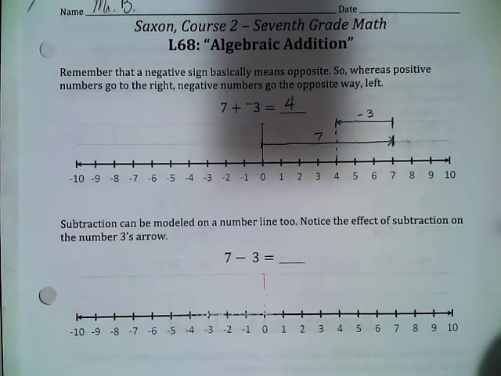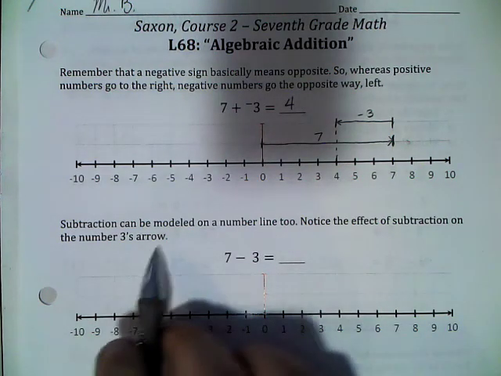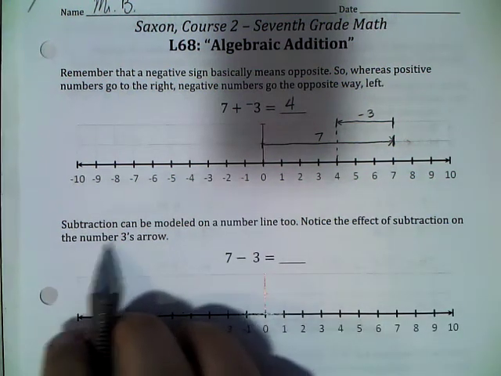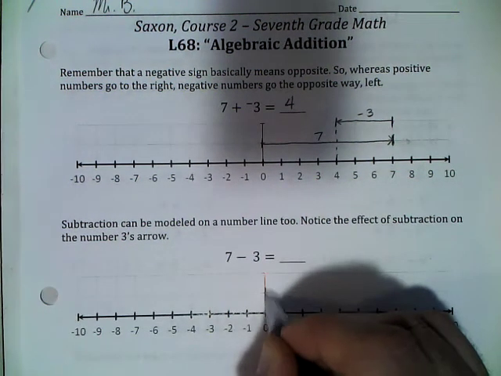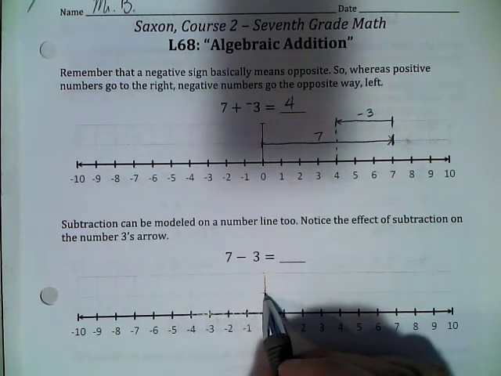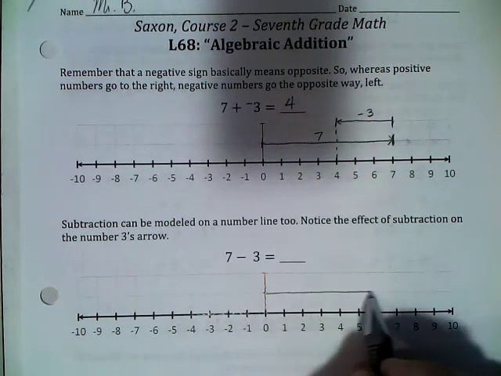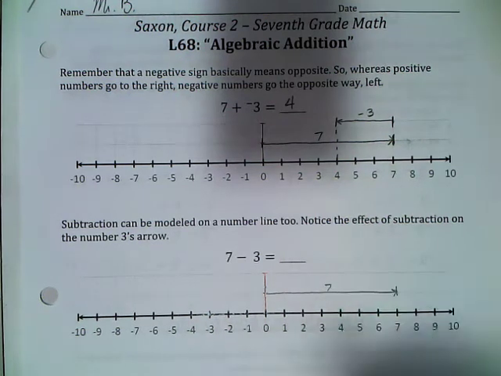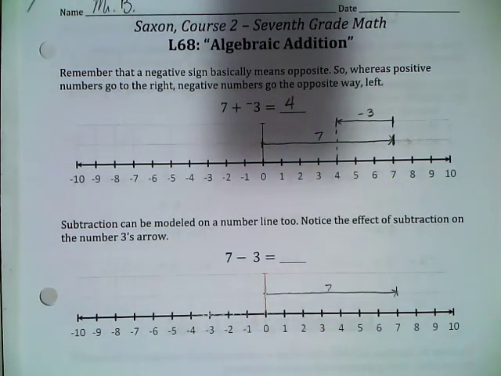We can also model subtraction. Subtraction can be modeled on a number line too. Notice the effect of subtraction on the number 3's arrow. So again, positive 7 is going to send me 1, 2, 3, 4, 5, 6, 7. There we go. Stop at the right spot. Label my arrow. 7 to the right.